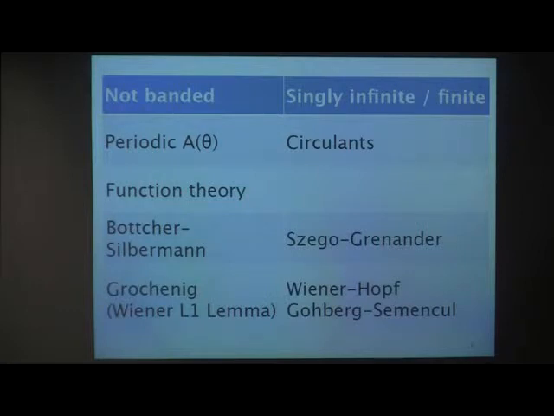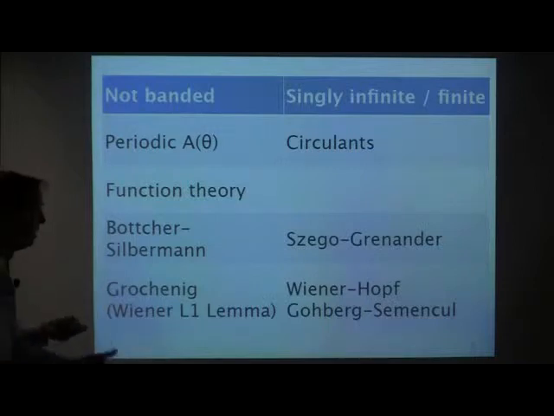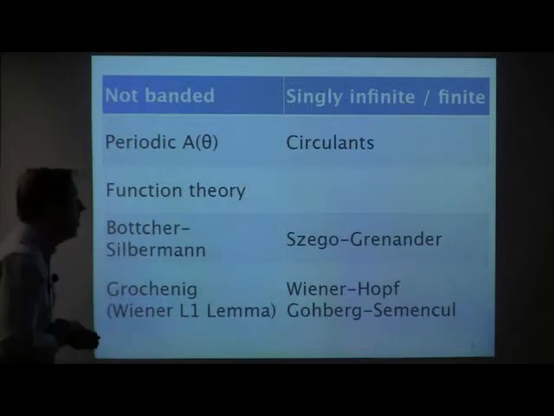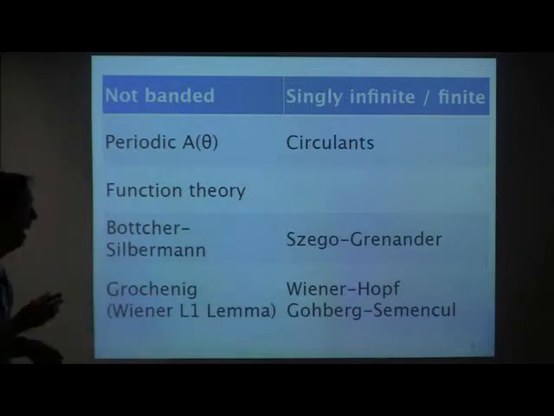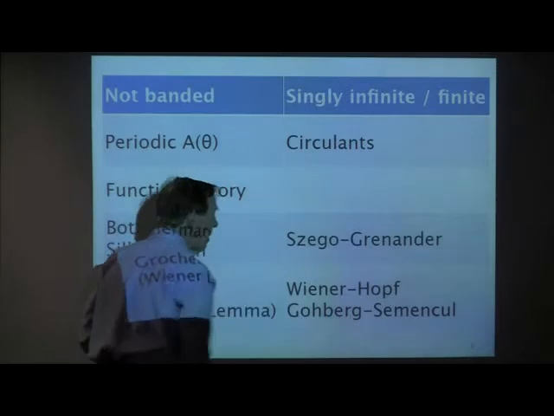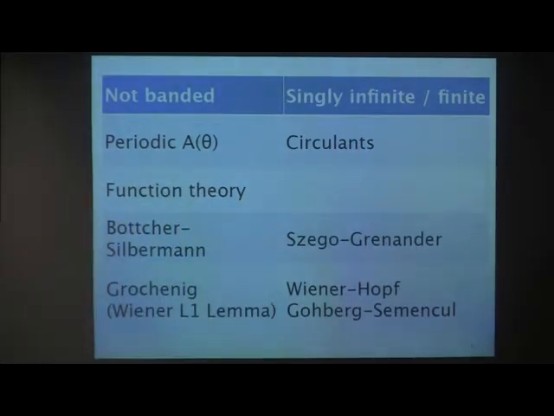Do you remember that? That if the sequence is absolutely summable, and we have invertibility, then the same is true for the inverse. And of course, many more functional analytic results.